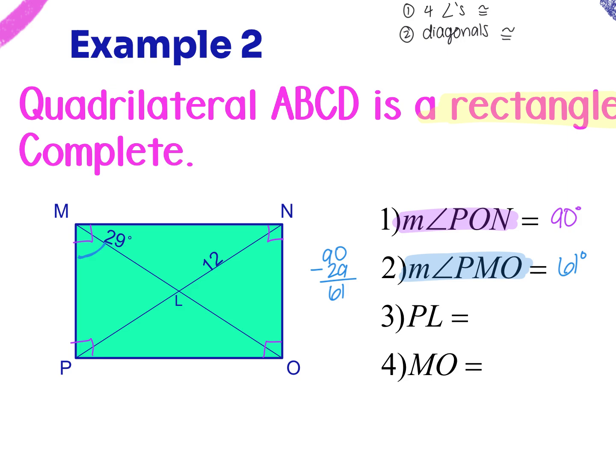And then looking at the next one, I have segment PL. If my diagonals are congruent, 12, everything would be 12. All right, and then looking at the last one, number 4, I have MO. 24. So looking at MO, I'm going to have 12 plus 12 is going to give me 24.